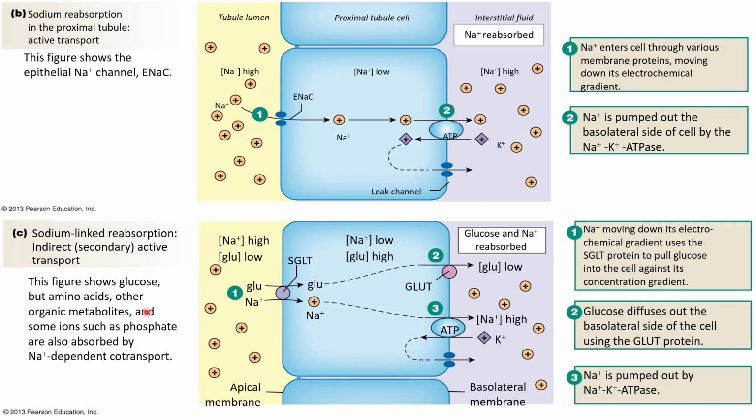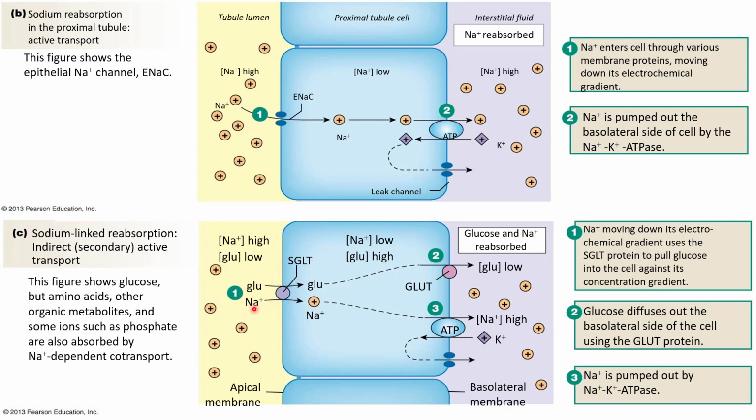We can also utilize the sodium-linked reabsorption. This is secondary, or sometimes called indirect active transport, where we use glucose and sodium together. Because sodium is high on that apical membrane, we can move it on its concentration gradient.